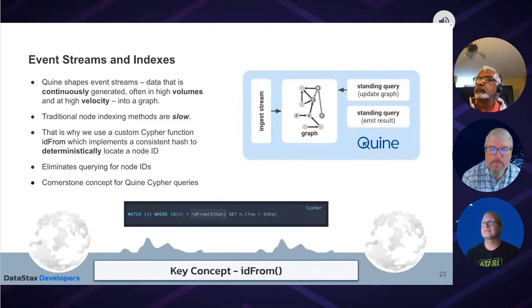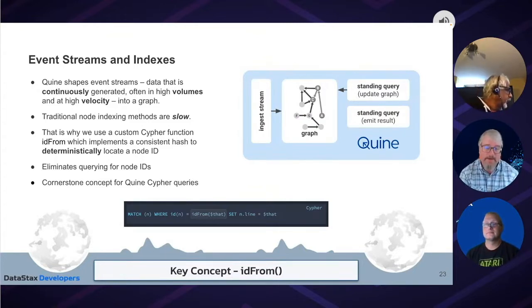Okay. So one of the important things inside of Quine, and this actually goes to the ability to have subgraphs or disconnected graphs inside of Quine, is the concept of indexing. Quine is designed for streaming data. It wants to act on data while it's still in motion, before it becomes RESTful.